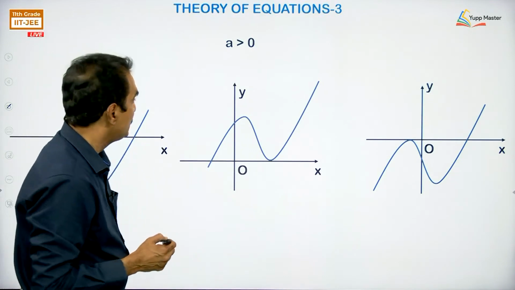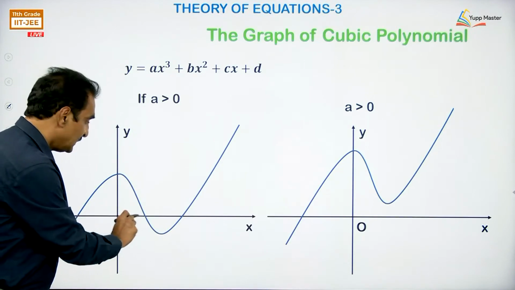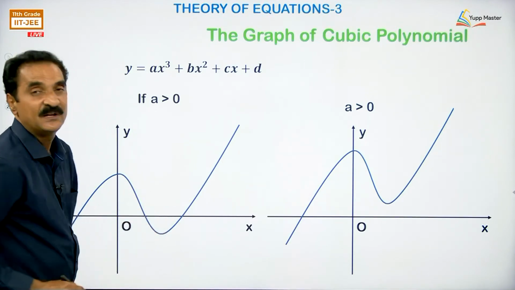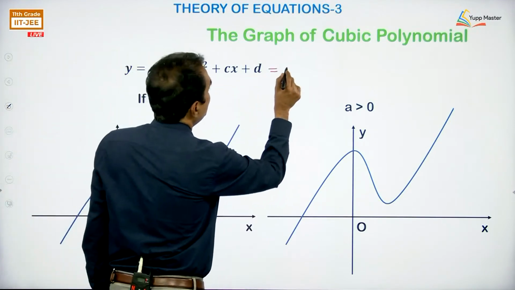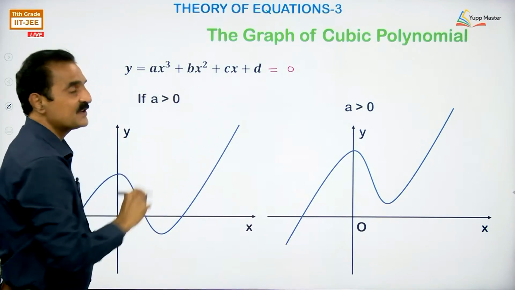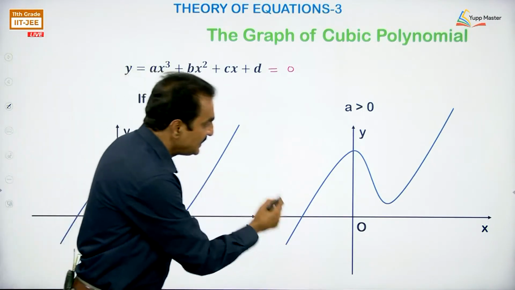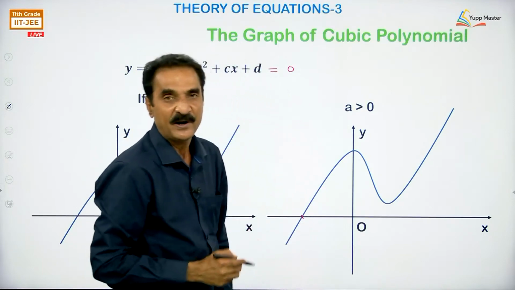Okay. Now, in this situation, when the graph intersects the x-axis at these 3 points, y will be 0. Okay. If y is 0, then this cubic equation will have 3 distinct real roots. In this situation, the graph intersects the x-axis at only one point.